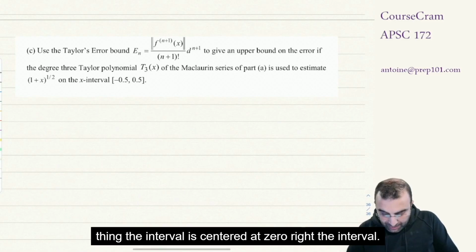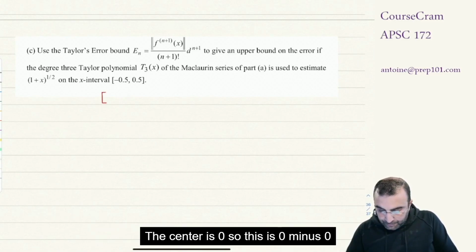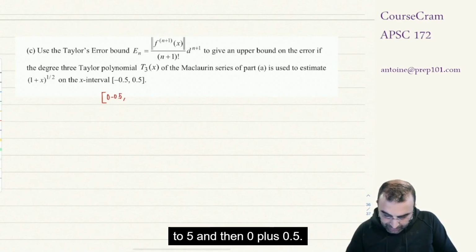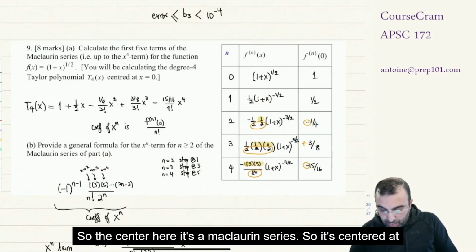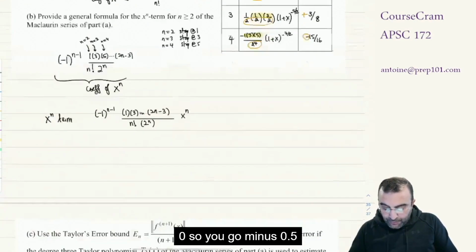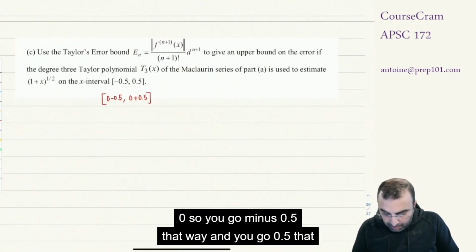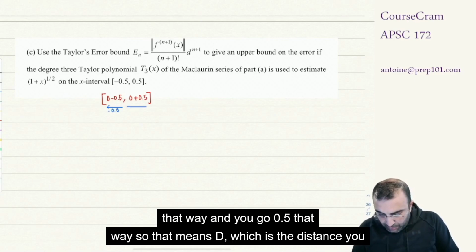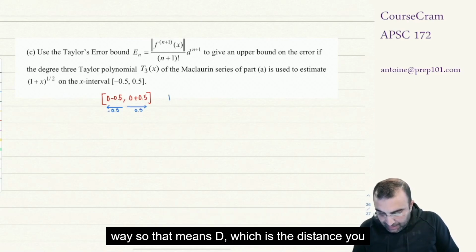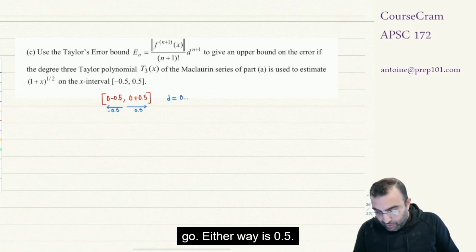Now the first thing, the interval is centered at 0, right? So this is 0 minus 0.5, and then 0 plus 0.5. It's a Maclaurin series, so it's centered at 0. You go minus 0.5 that way, and 0.5 that way. So that means d, the distance you go either way, is 0.5.